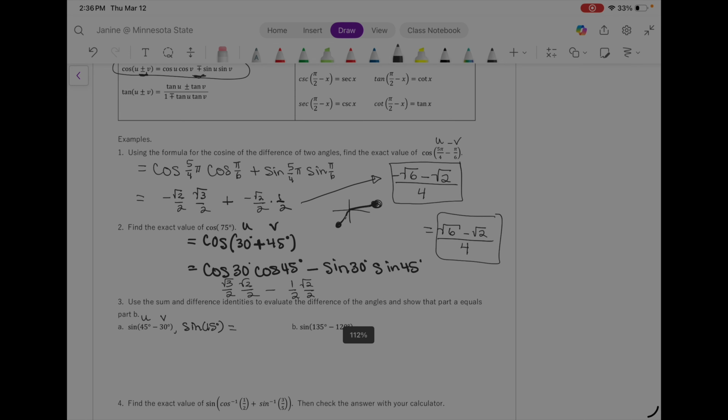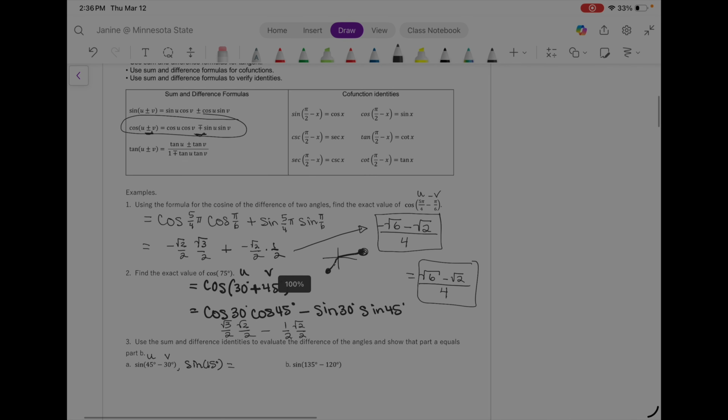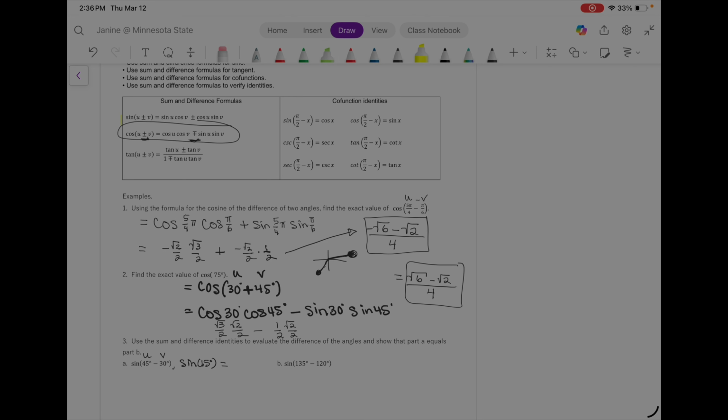I'm going to zoom out here a little bit. I'm going to be using this top formula right here. Since I have a minus sign, which is the operation on the bottom, I will be using a minus sign. So it's sine, then cosine.